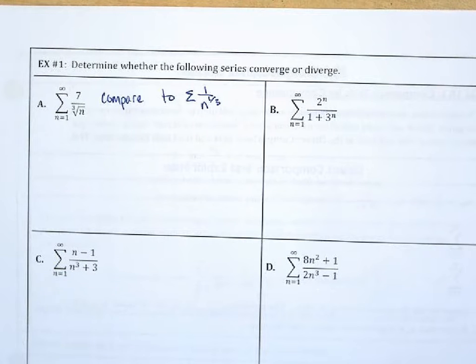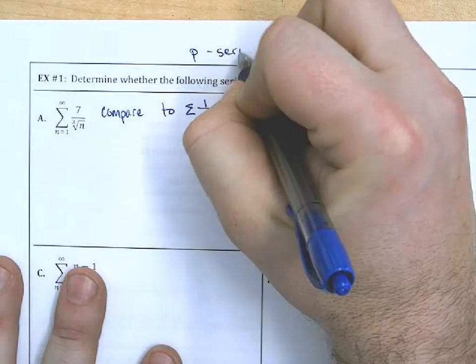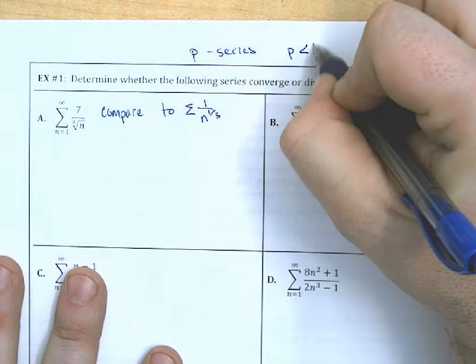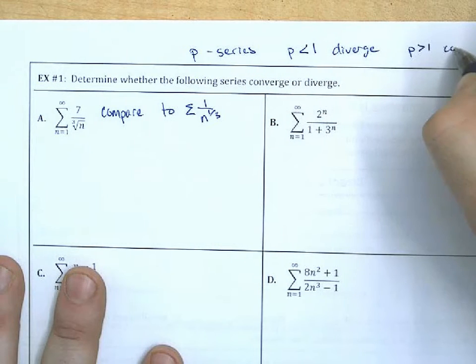And what do we know about n to the 1/3? Does that diverge or converge? This one diverges. So we have our p-series: when p is less than 1, diverge. P greater than 1, converge.